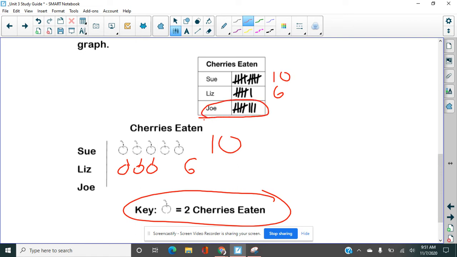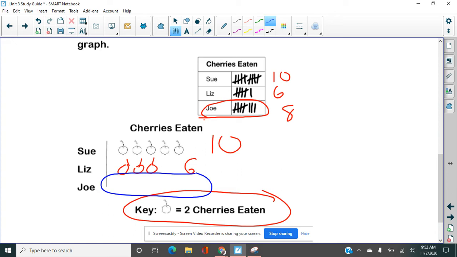What does the tally mark show us? How many cherries did Joe eat? Joe ate 8. He ate 8. He did. Multiple meaning word, right? 8. And so how many cherries down here, how many cherries should I draw? Don't say 8. How many? Because each cherry is worth 2. How many cherries would show 8?